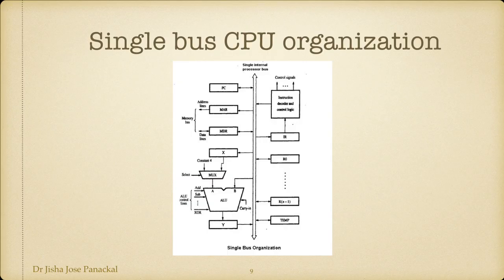When a question arises regarding the CPU organization, you have to draw this figure. So after all the sessions regarding the CPU organization, you can understand the components represented in this particular figure. It includes several registers and ALU and also the CU, which are all connected through a single bus.